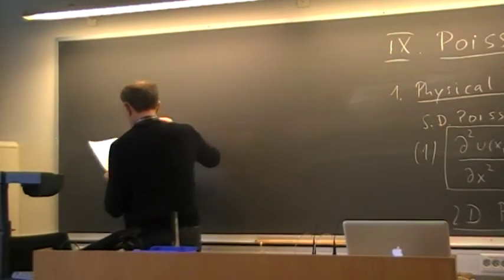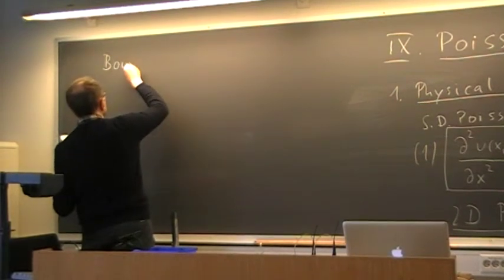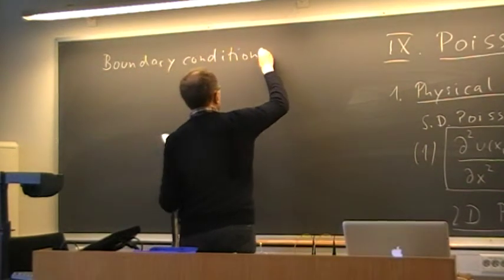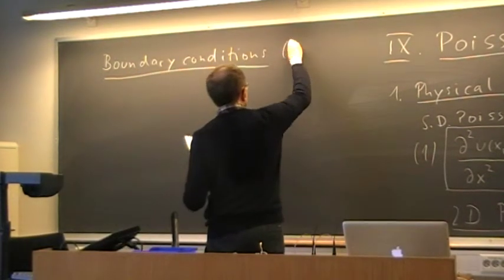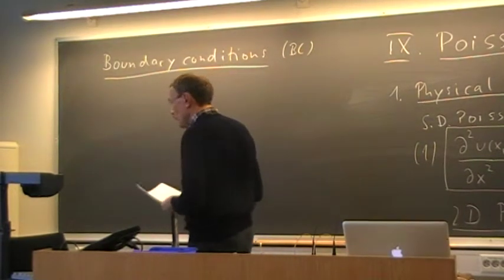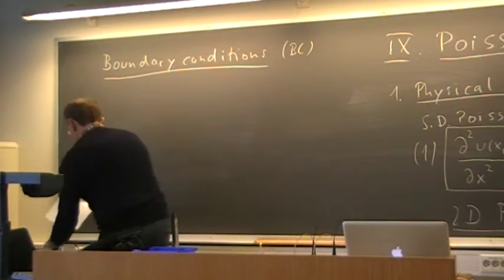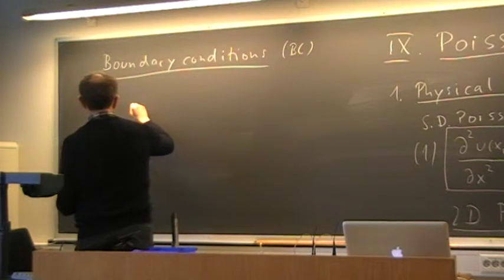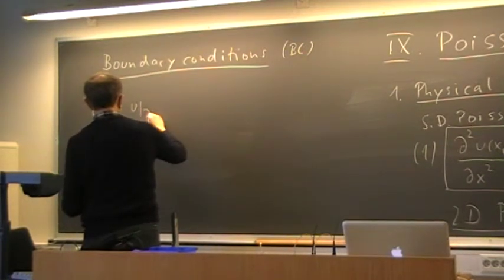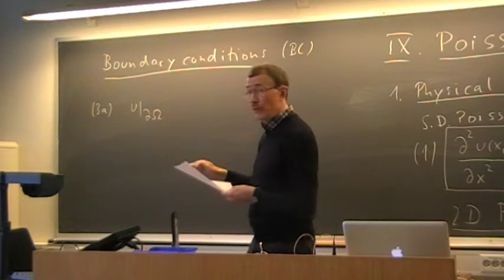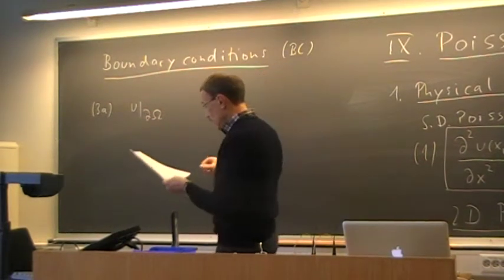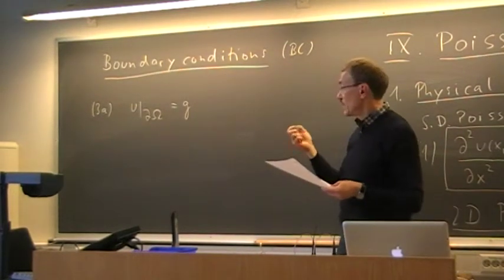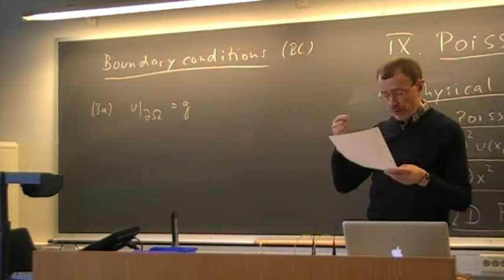So, boundary conditions. As usual we use the acronym BC for that. The first one is the Dirichlet boundary condition. We say that u on the boundary of the domain is equal to some given function g. That means that the value of the solution u on the boundary is given.